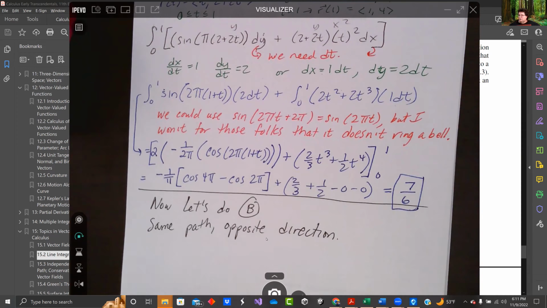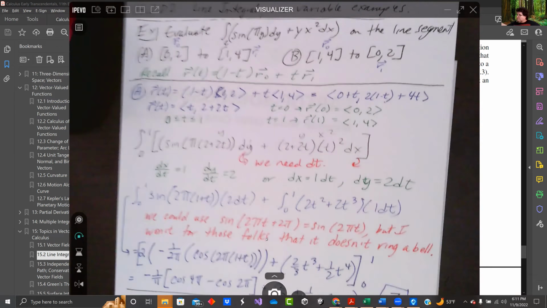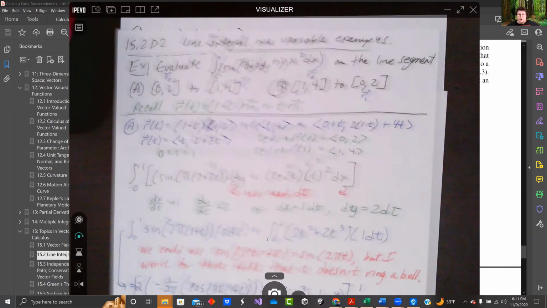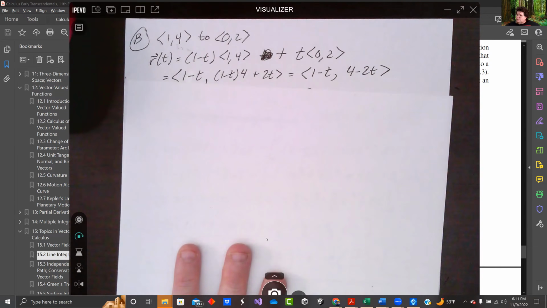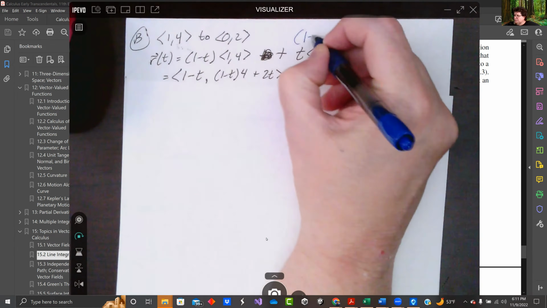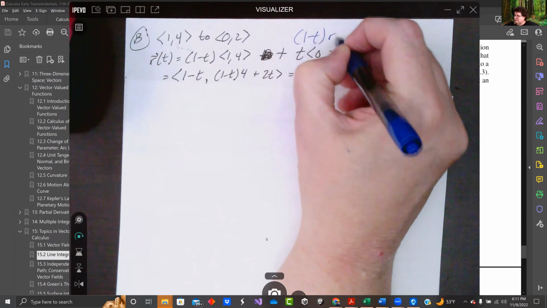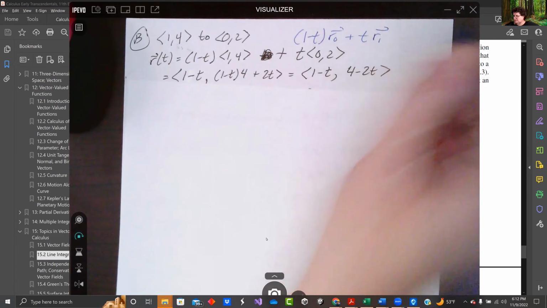Let's do B, where we're going in the same path but the opposite direction. So we're starting at 1,4 and we're going to 0,2. So remember, we're doing 1 minus t times R0 plus t times R1. That's our R of t.